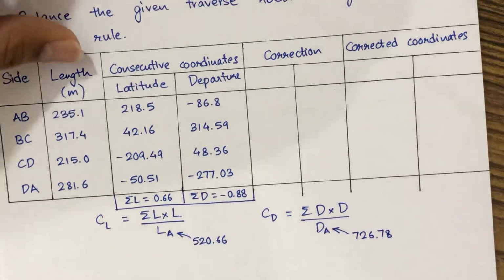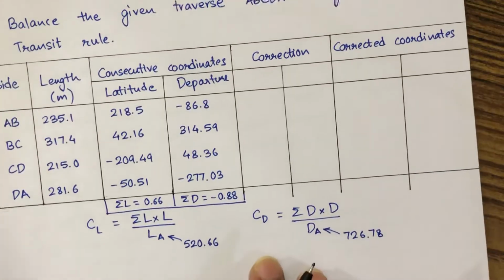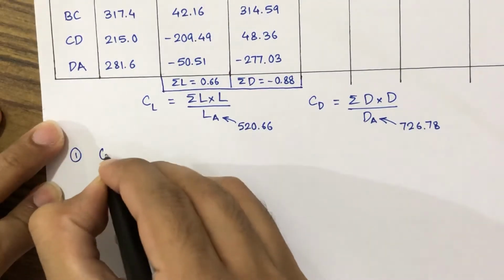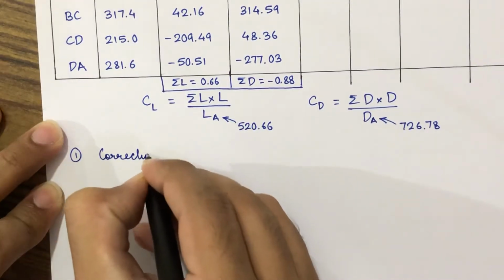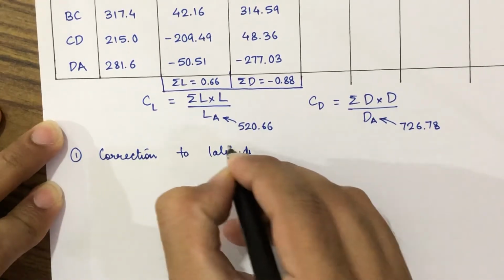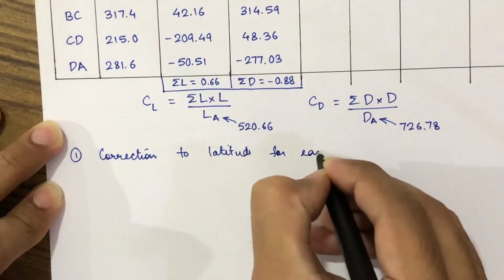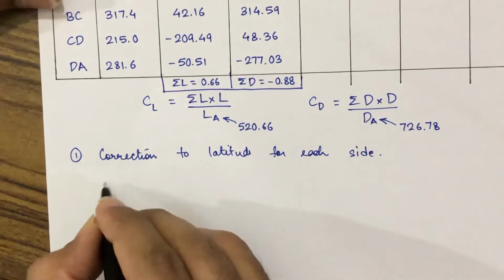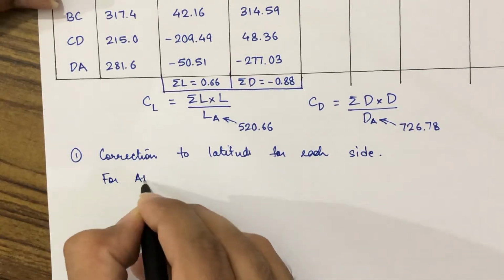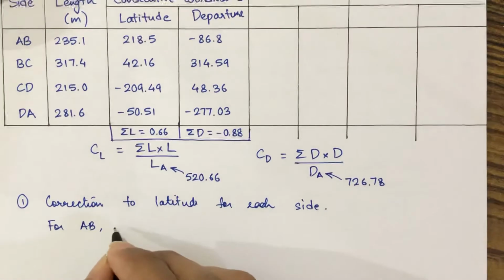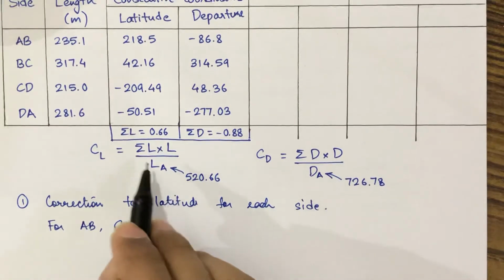Now based on this, let us calculate the correction to latitude for each side. For side AB, the correction to latitude will be given by this formula.